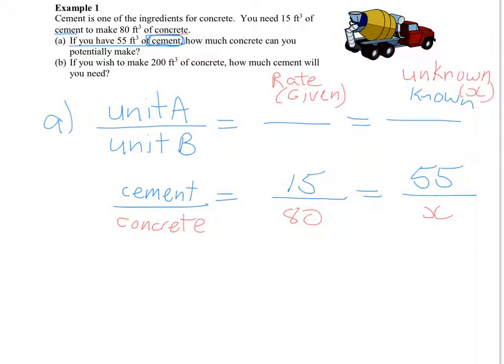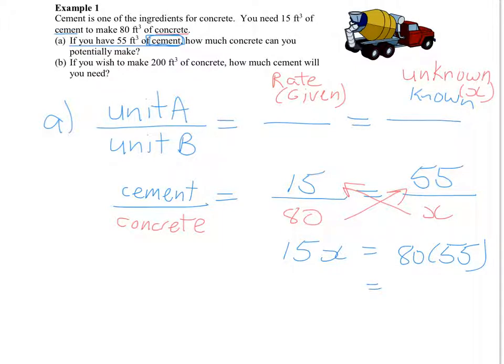Now that we've got it here, we do our cross multiplying and solving the proportion just like what we did before, okay? So we're going to go 80 times 55, and then we're also going to go x times 15, and then x attaches to 15. Our last step is we divide by whatever's attached to x, well, actually we should multiply this out first, sorry.